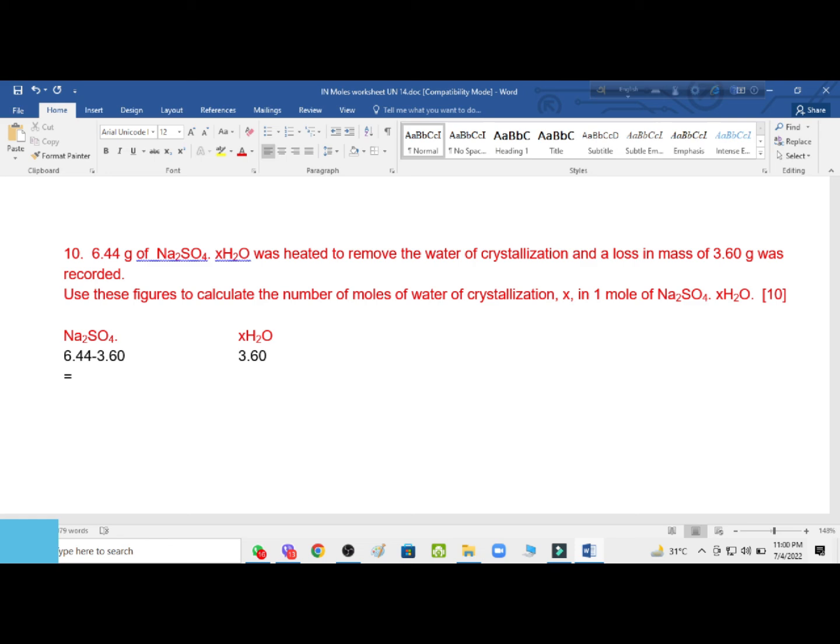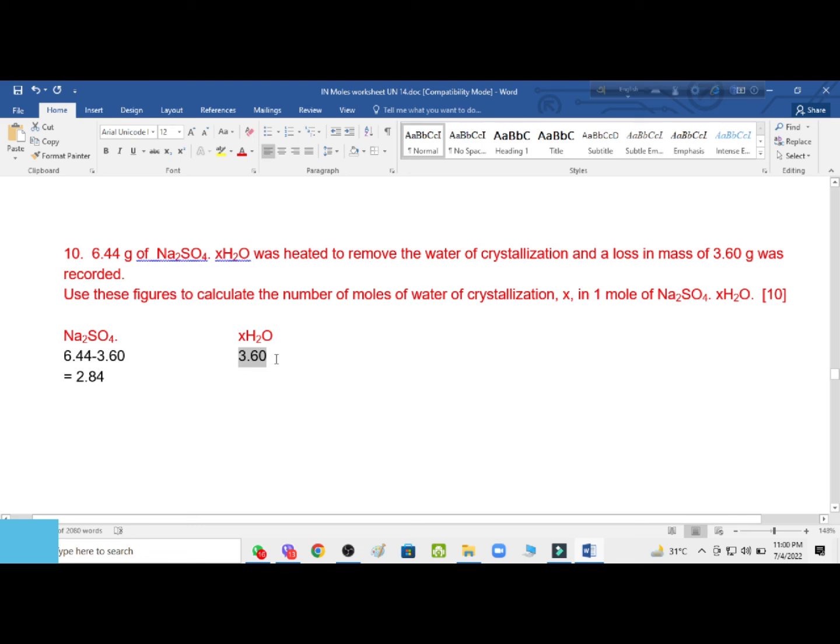We get here 2.84. And here's that. And you need to divide this with its molar mass. Molar mass is not given, so we need to calculate the molar mass. Okay, this is 18. Its molar mass is 18.